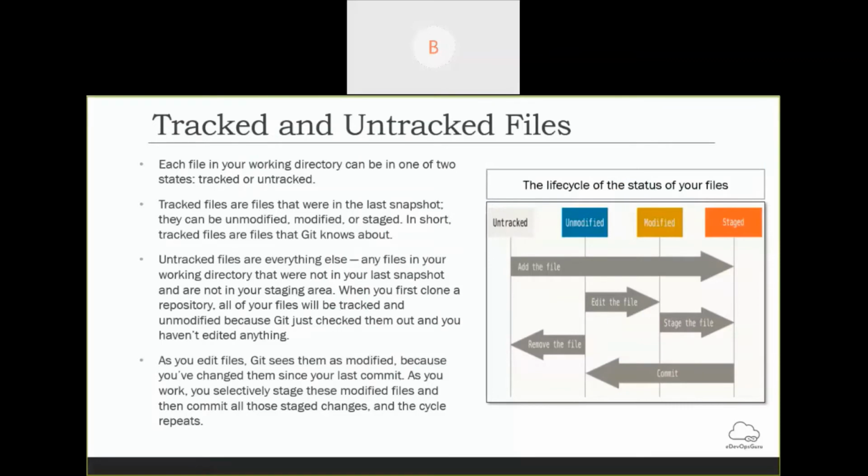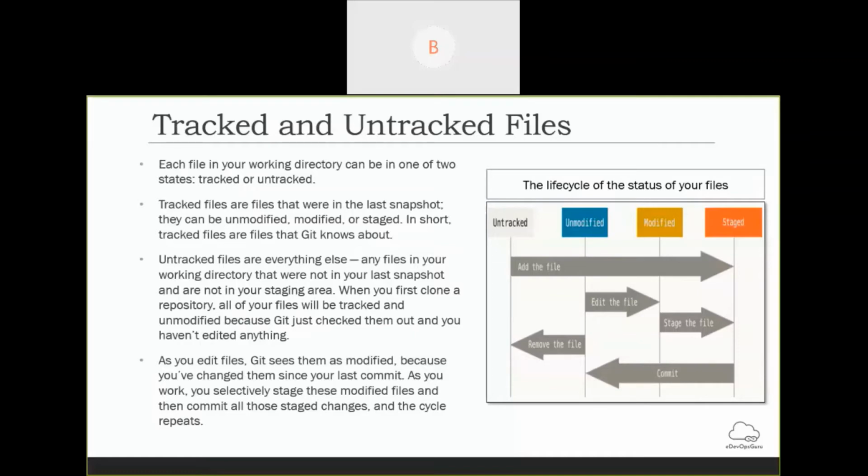Then comes tracked and untracked files. A tracked file is one that, whenever you did the clone operation from remote to your local, came from remote to your local, and those files are already tracked by Git because they come from your remote repository.